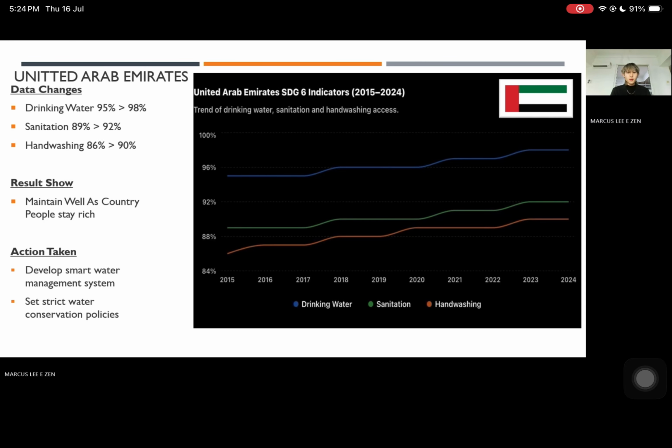Their government, because they have money, supports smart water management systems, and they also have a strict water policy against wasting water.